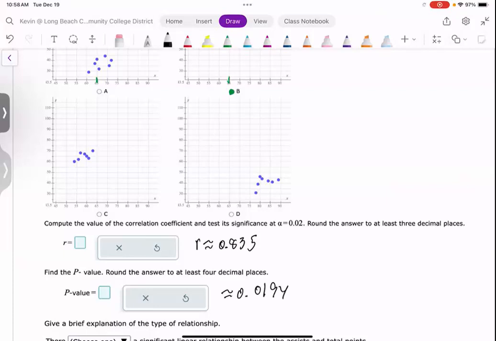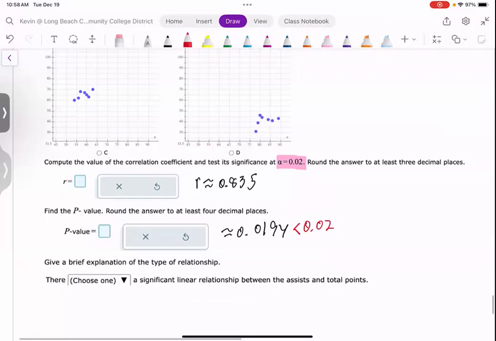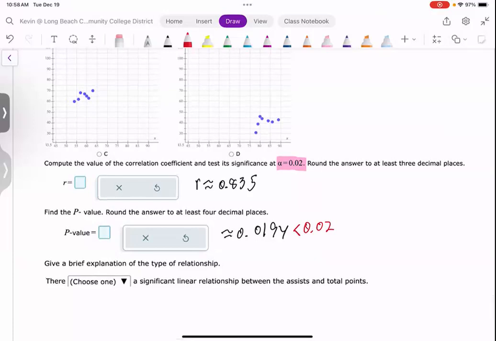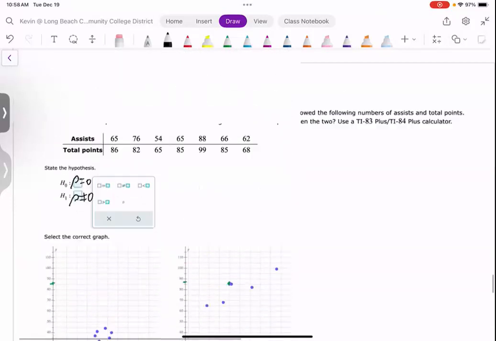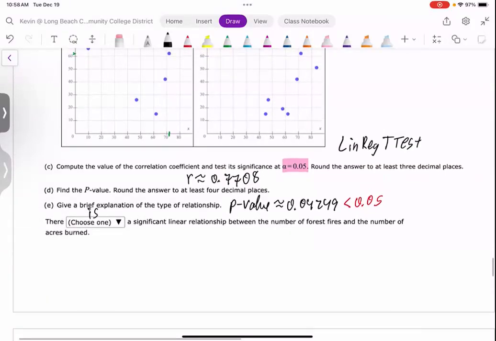Now we are comparing that to our alpha, which is right here, and I can see right away that that is just under my 0.02. So we're going to reject the null hypothesis. I don't think I put reject on the previous problem.